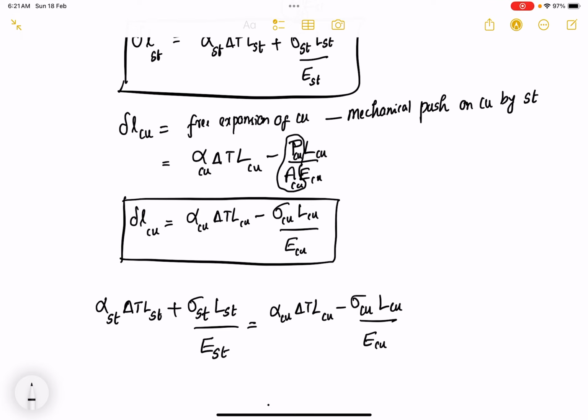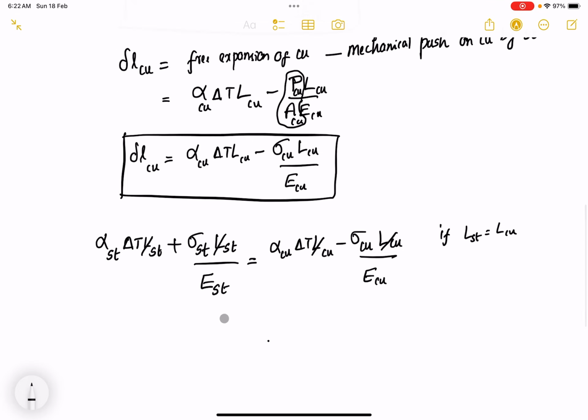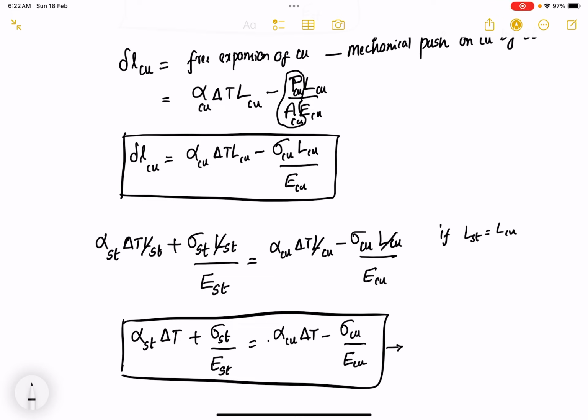So if the length of steel and length of copper are the same, they cancel out on either side. So the final equation can be written as alpha of steel into change in temperature plus stress in steel divided by Young's modulus of steel is equal to alpha of copper into change in temperature minus stress in copper divided by Young's modulus of copper. So I can call this the second equation.